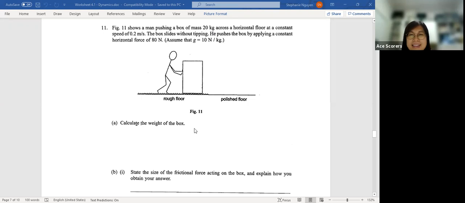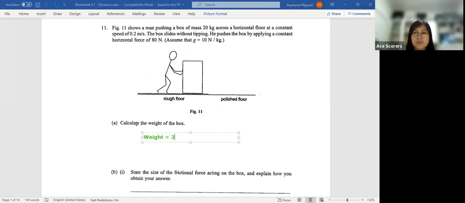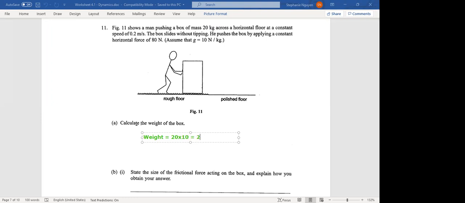You're right. You just have to change the mass in kg to weight in Newton by multiplying with 10. Right? So you will have the weight equals to 20 kg times 10, which gets you to 200 Newton.